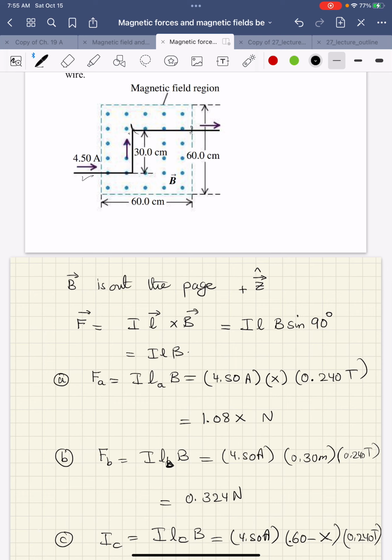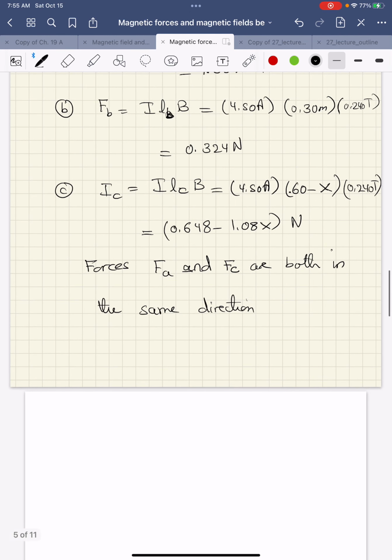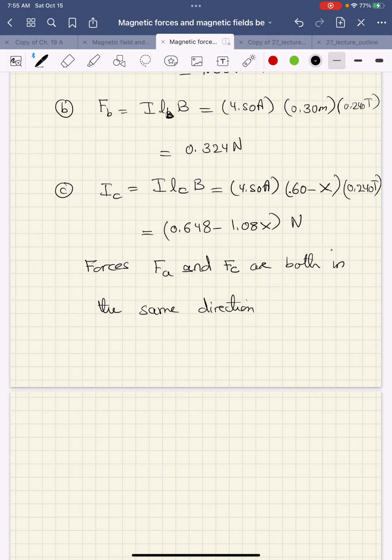The magnetic field is out of the page and the current is to the right. Therefore, the force is going to be in the same direction, so I can add them, because when you have two forces in the same direction, this is what you can do.